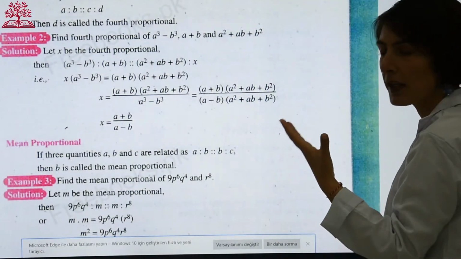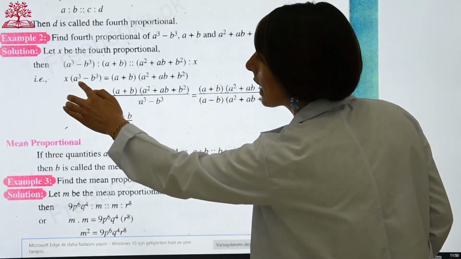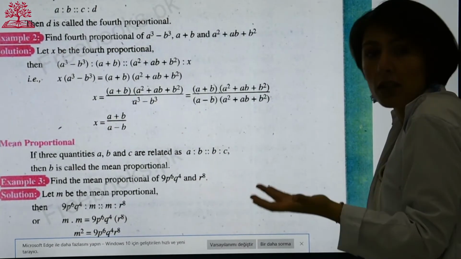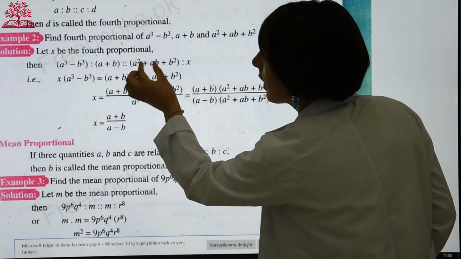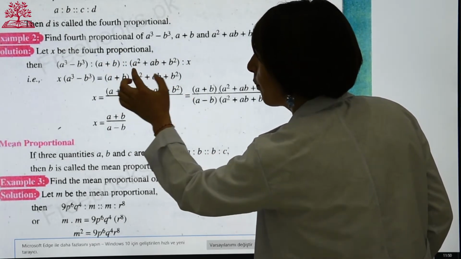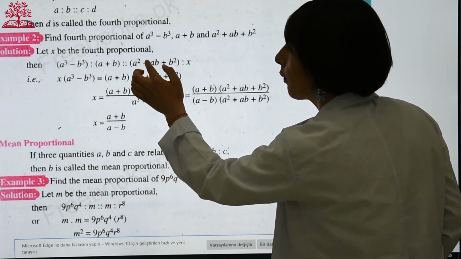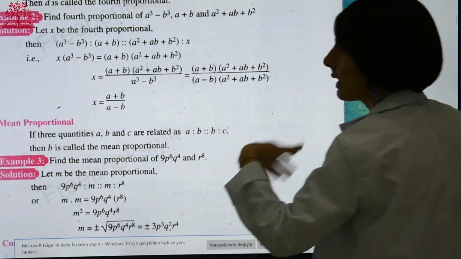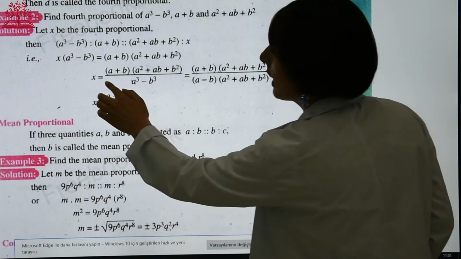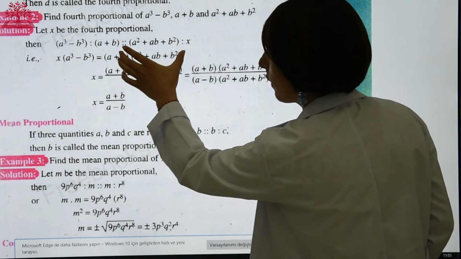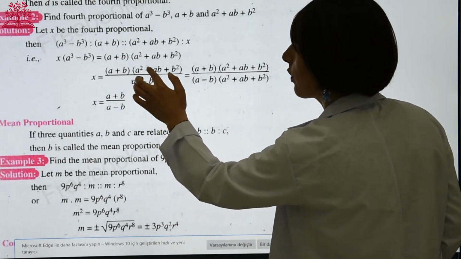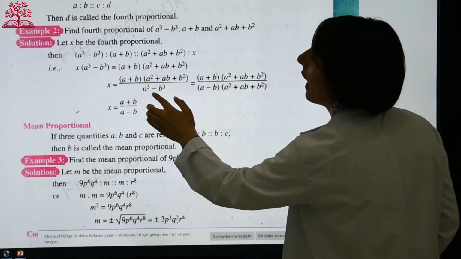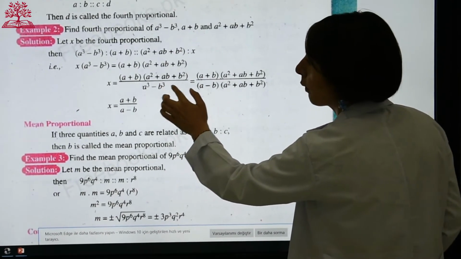So the product of extremes, I have to write x times A to the power 3 minus B to the power 3 equals the product of means. These are my means, A plus B times A to the power 2 plus AB plus B to the power 2. And if I continue, I will write that x equals A plus B times A to the power 2 plus AB plus B to the power 2 over A to the power 3 minus B to the power 3.